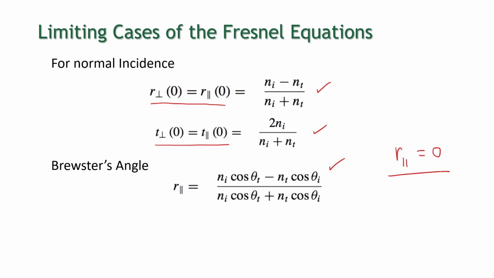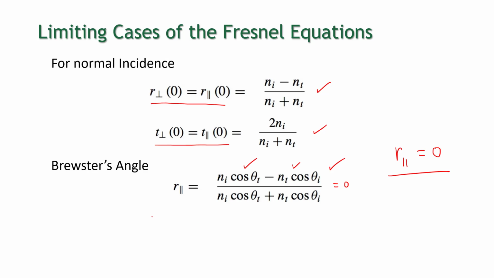So what would that condition be? Just by looking at that equation, when would R parallel be 0? No, not ratio. When these two things are equal, they will cancel, right? And then you get this to be 0.